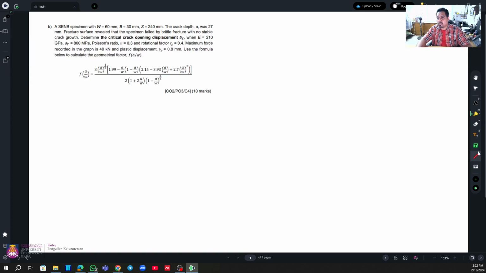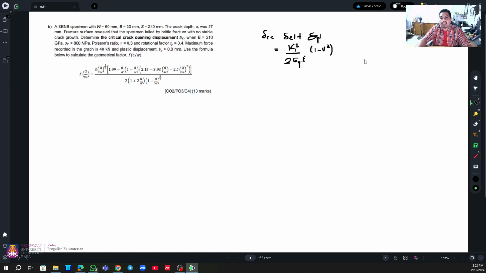So we notice the formula, delta C, this is the formula. Delta C is equal to delta elastic plus delta plastic. So delta, this is K1 to the power of 2, divided by 2 times sigma yield strength, multiplied by E, and then multiplied by 1 minus Poisson ratio to the power of 2.